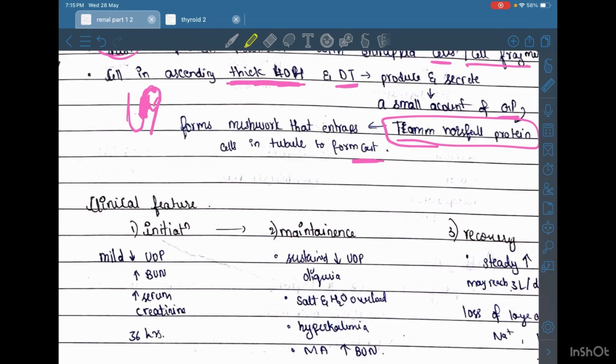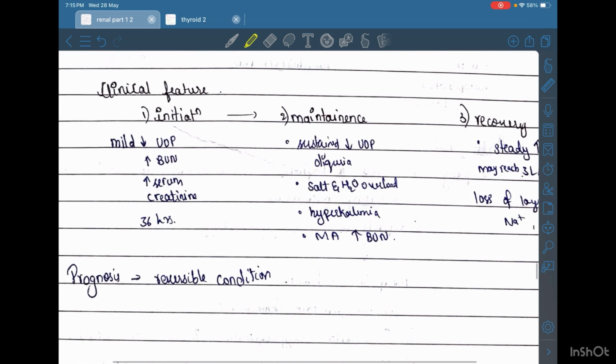It's basically cells in the ascending loop of Henle as well as your DCT. They produce and secrete a small amount of glycoprotein, known as Tamm-Horsfall protein, which forms a protein meshwork that entraps cells in tubules to form casts.